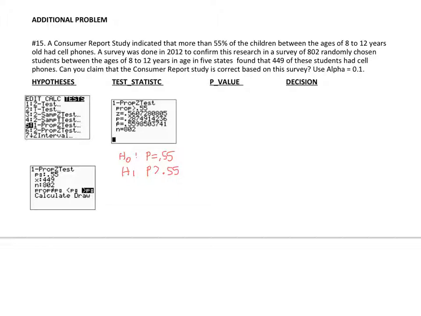And we go ahead and we select the stats key. We come over to test. We hit option 5. And then we put in our data. We had P naught is 0.55. X is 449. That had a cell phone.